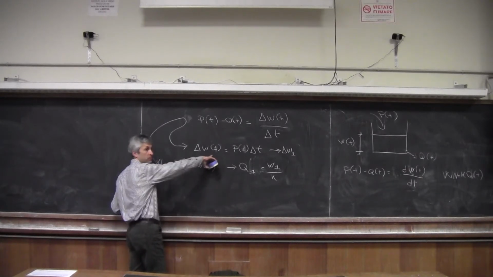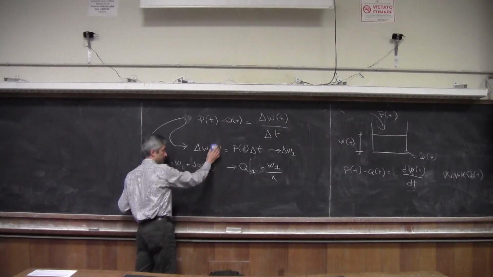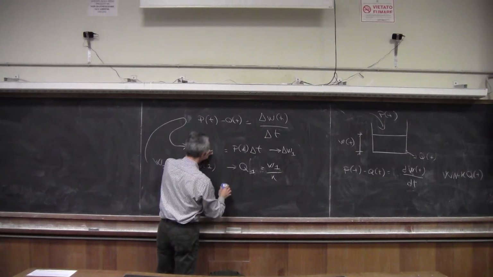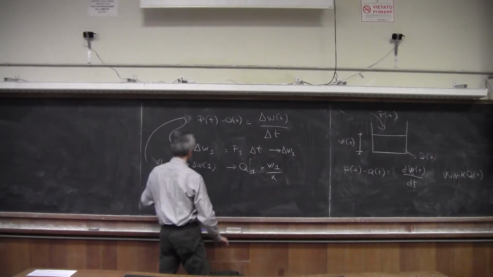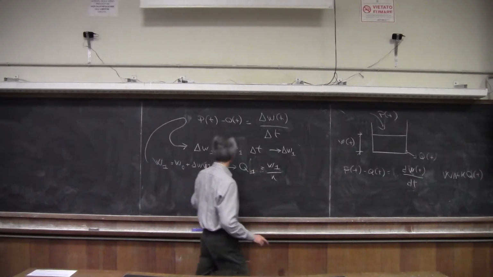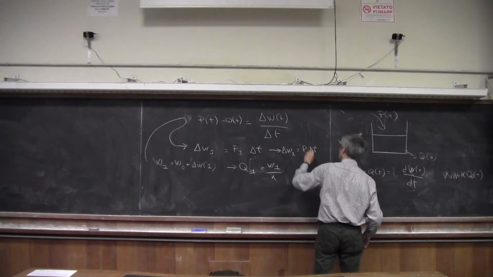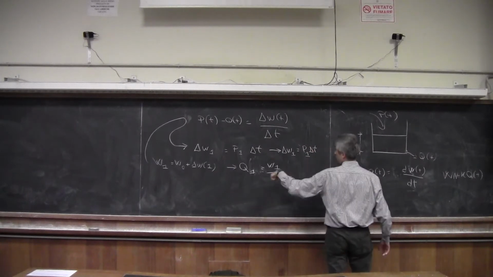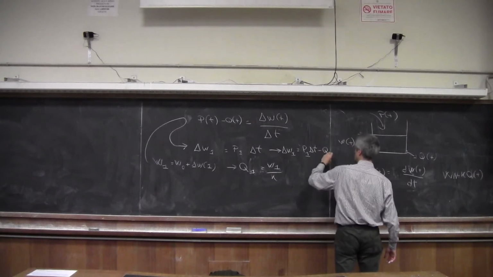Sometimes I used 1 between parentheses and sometimes as a subscript. So let me change this, okay? So I could recompute delta W1 as equal to P1 delta T minus Q1 delta T.